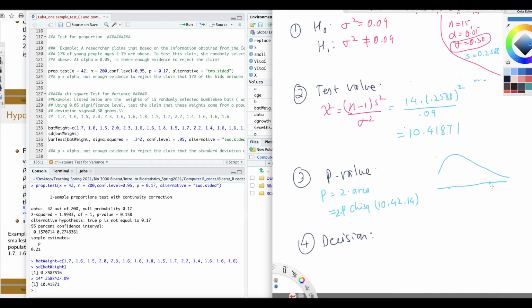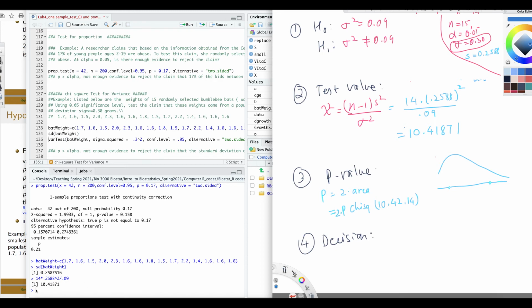If 10.42 is on the right, then 2 times the area left of that will be more than 1, and we will know it falls on the right side. If it is less than 1, then that value falls on the left side.